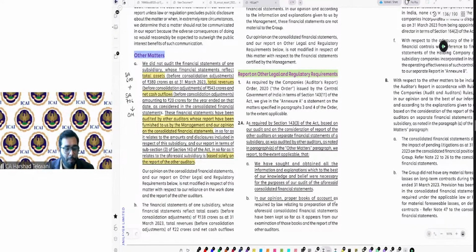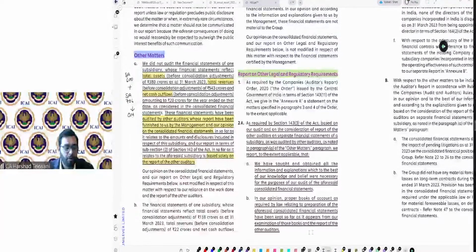In our opinion, proper books of account as required by law relating to the preparation of the aforesaid consolidated financial statement have been kept, so far as it appears from our examination of those books and the reports of other auditors.